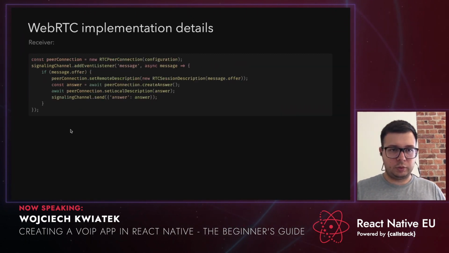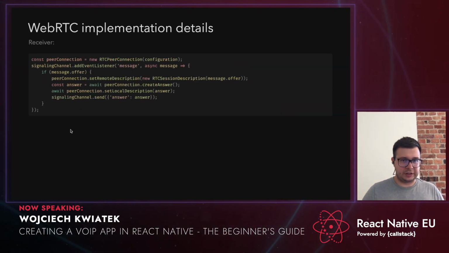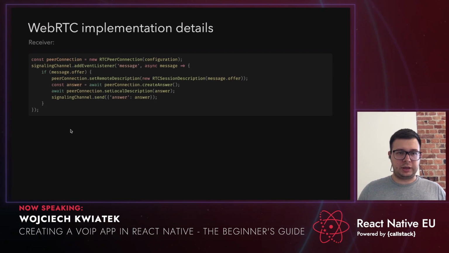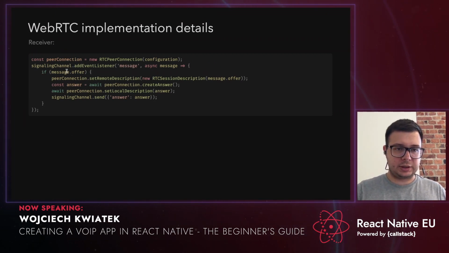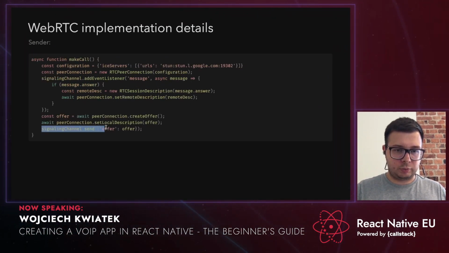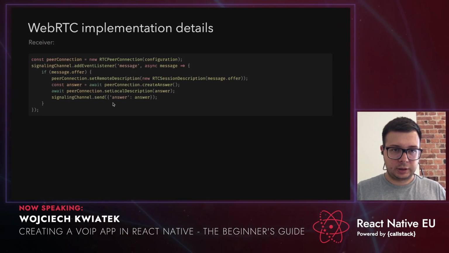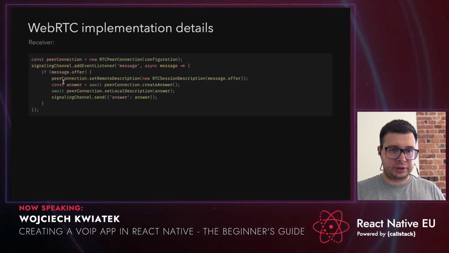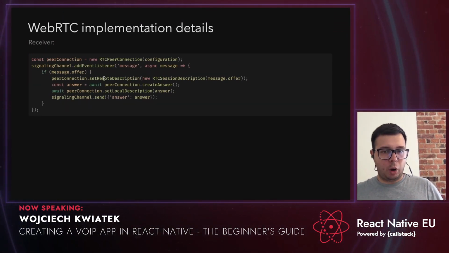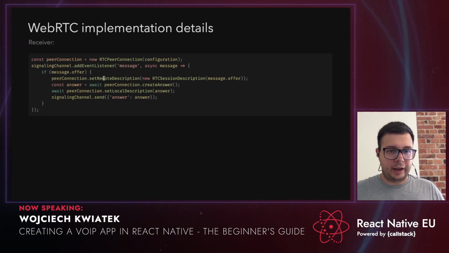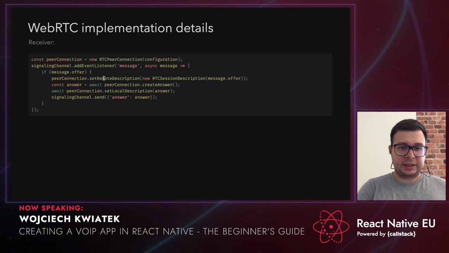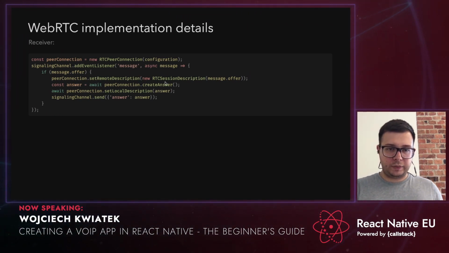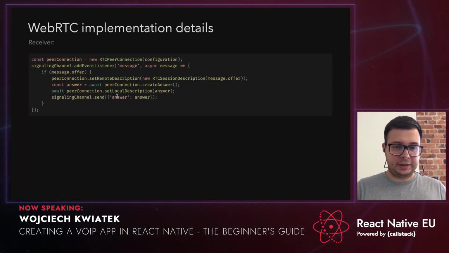Okay, so then we go to the receiver. We have the same thing when it comes to creating a peer connection, and we have the listener for the message with the offer. So we are taking this one on the receiver part, and we are setting the remote description. And as we set the remote description, we are creating the answer, setting the local description with this answer, and sending the answer.